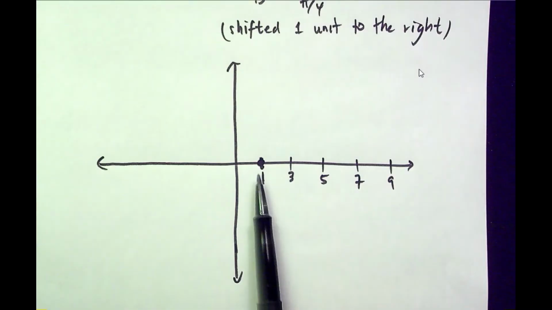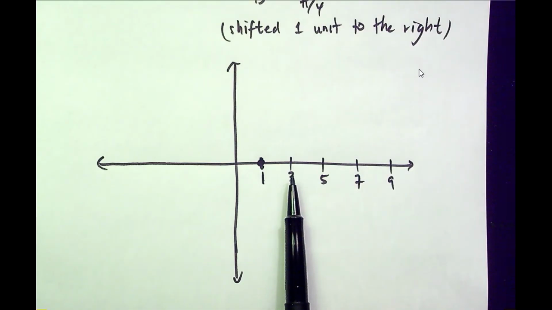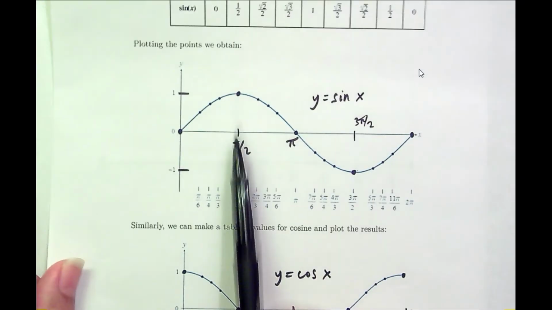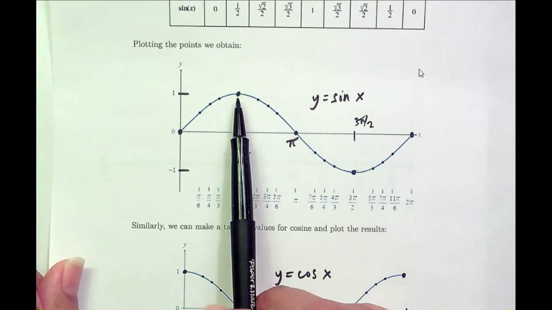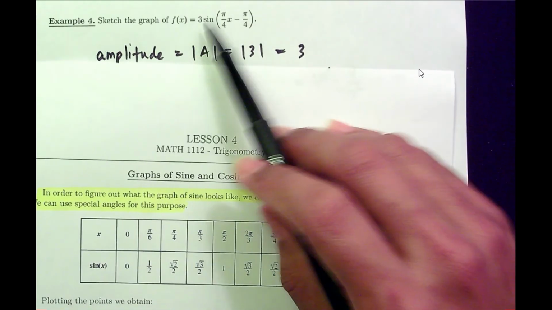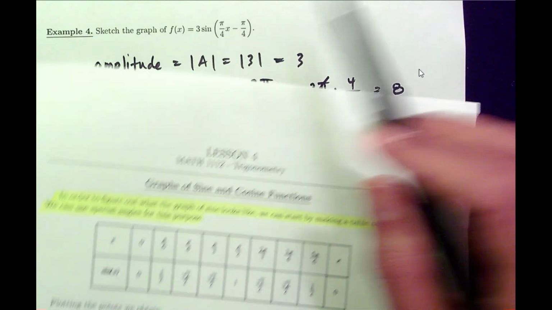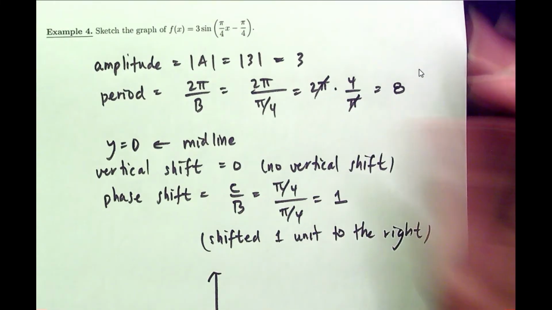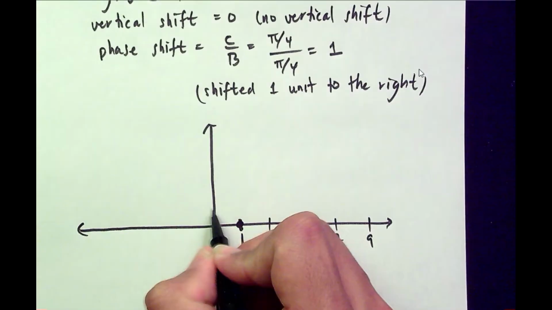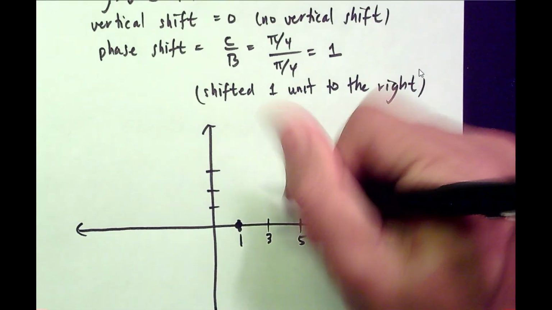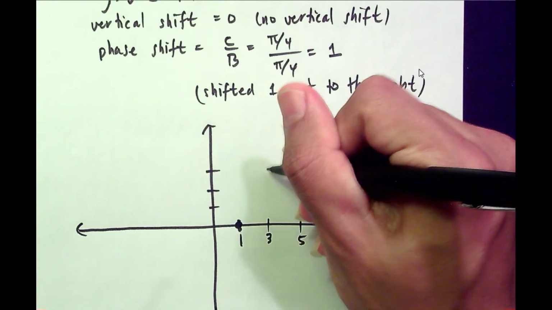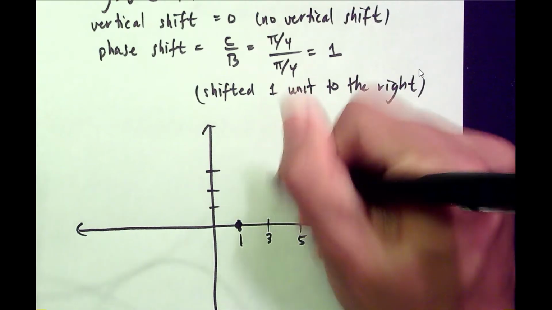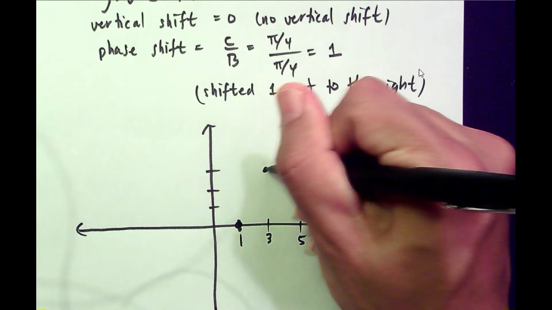The point that goes over the second tick mark has y coordinate 1. And now you multiply by 3 and add 0. So 1 times 3 is 3, plus 0 is 3. So the point that goes over this tick mark is 3.